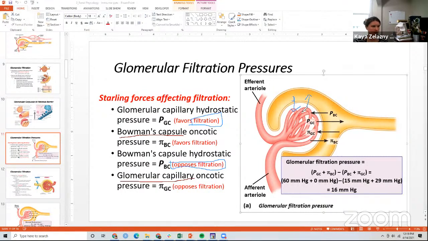So we have proteins dissolved in the capillary. That's our glomerular capillary oncotic pressure, and they're pulling on things, so it's a force opposing filtration. Versus if we had a pull from Bowman's capsule, which is pretty much zero, the direction would be for filtration.